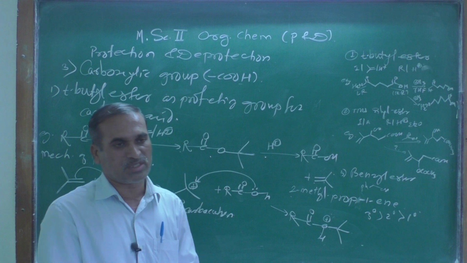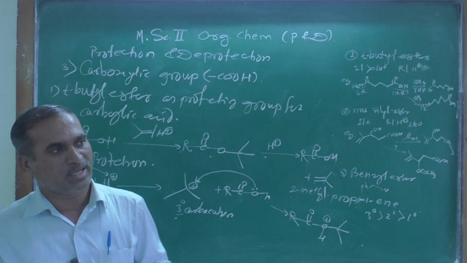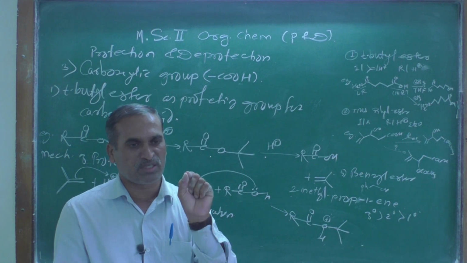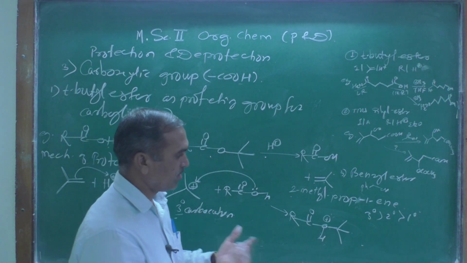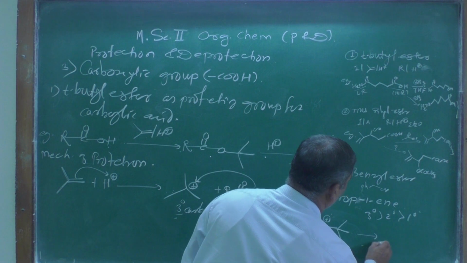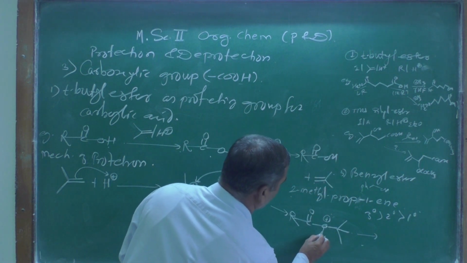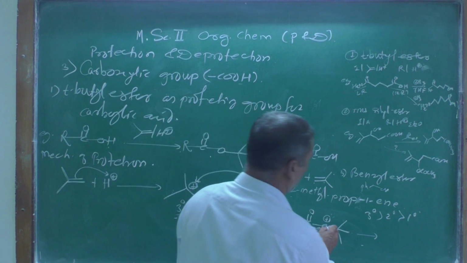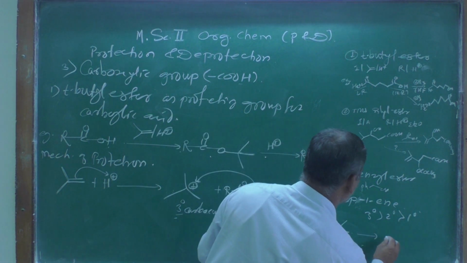Whenever positive charge comes on any heteroatom, that species becomes very unstable. It tries to stabilize, so it loses the hydrogen atom here, neutralizing that positive charge.